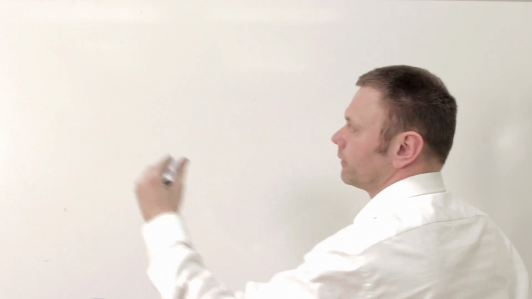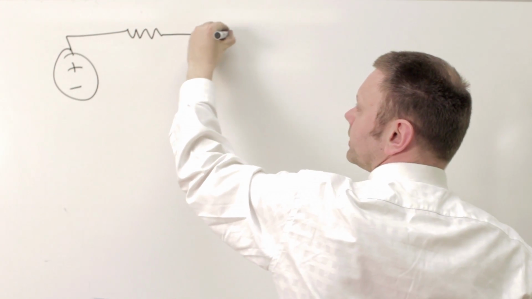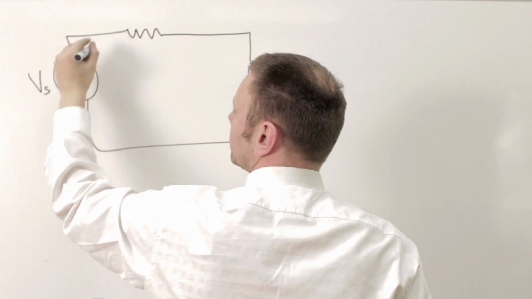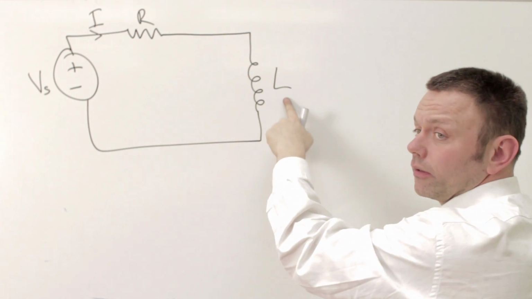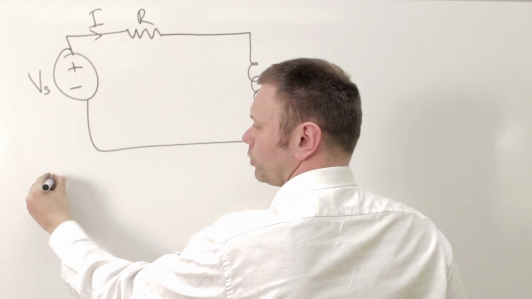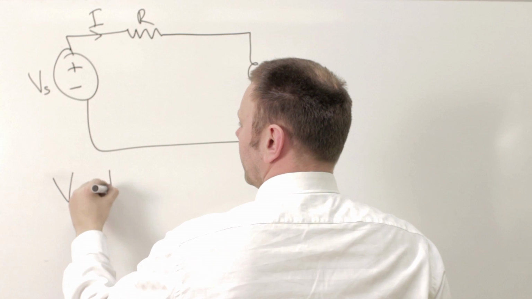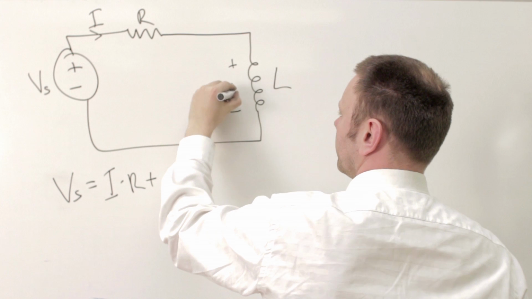So far, we have looked at mechanical system and we looked at the capacitor in series with resistor connected to the voltage source. How about this circuit? So we have a resistor, but now we have an inductor. Vs, I, R, and L. Well, in this case, what we have is Vs equals I times R plus VL.